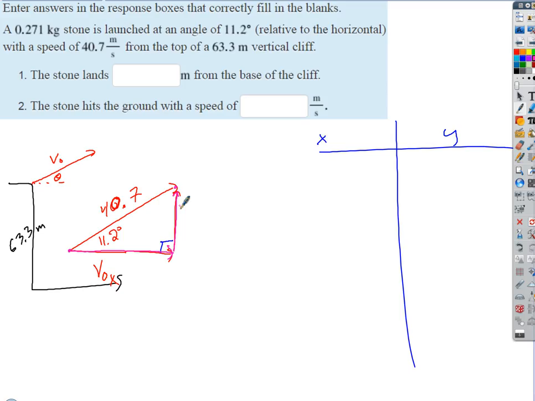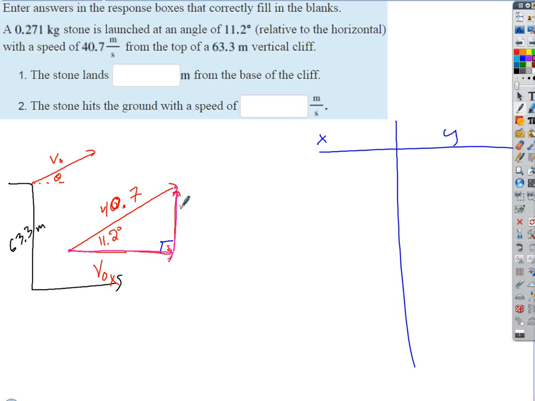And the horizontal component of velocity during projectile motion is constant, because there's no acceleration acting on it. The acceleration is vertical, not horizontal. So when we look down, it looks like something traveling along at constant speed.